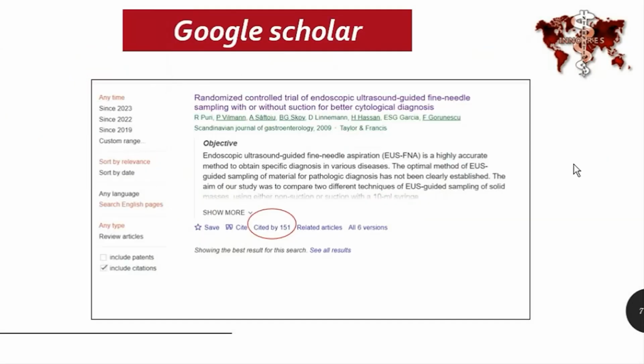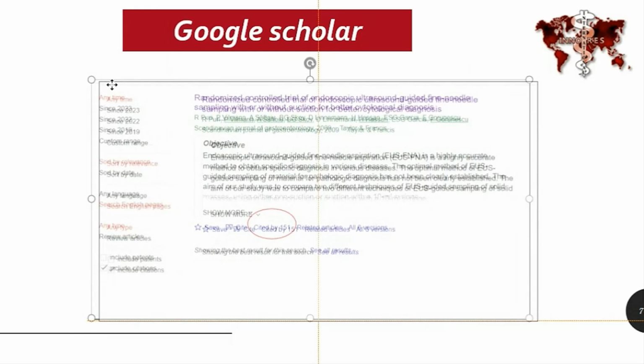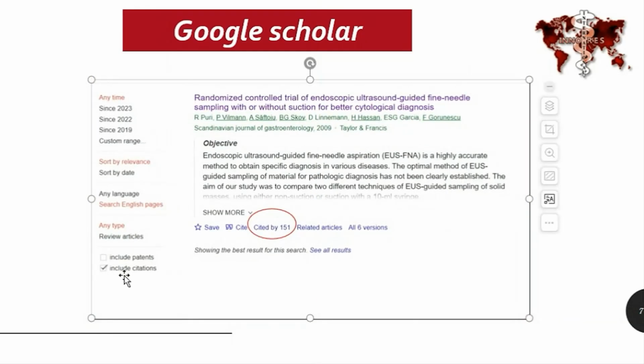Then this is one of the examples from Google Scholar. See that there is a filter here which says include citations. When you select this particular filter, the paper that you are reviewing will show how many times it is cited by.